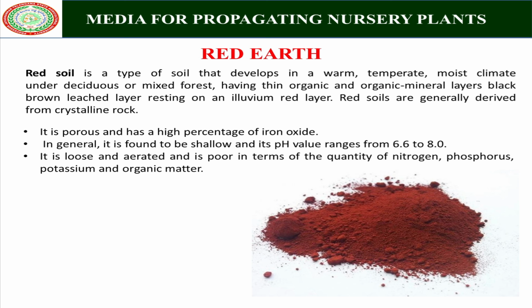That is the reason we mix red earth with different organic manures like FYM, leaf mold, vermicompost, and neem cake, so that the plant will obtain its complete nutrition from the soil. Red earth alone cannot serve the purpose of complete growth of the plants.